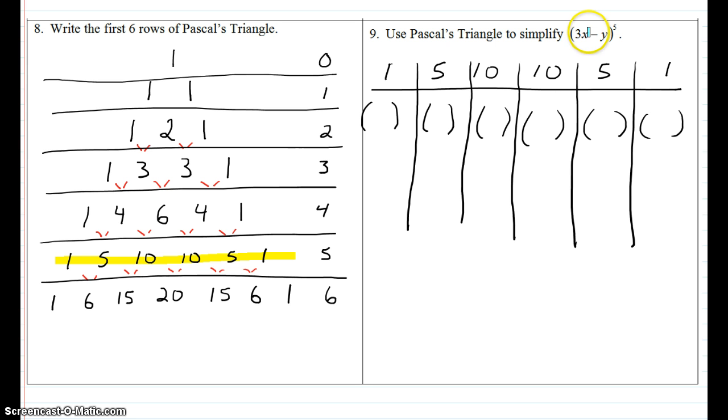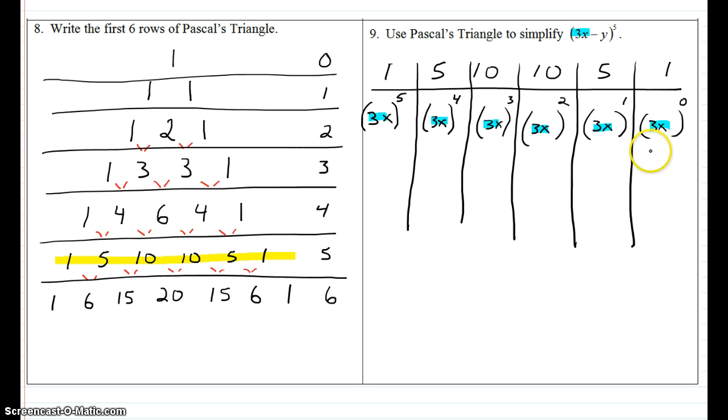And now the first term, that 3x, you're going to write in each set of parentheses. And now we're going to start with our exponent. 5, 4, 3, 2, 1, none.